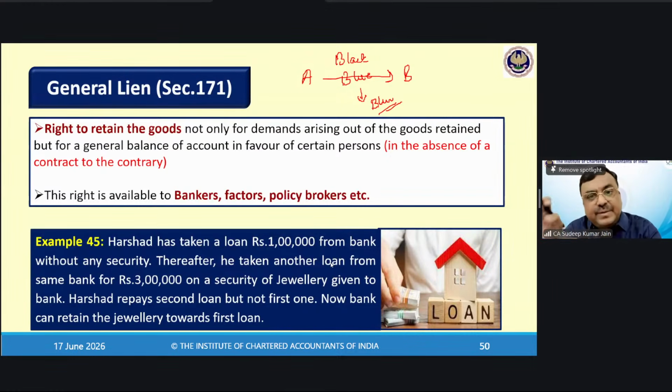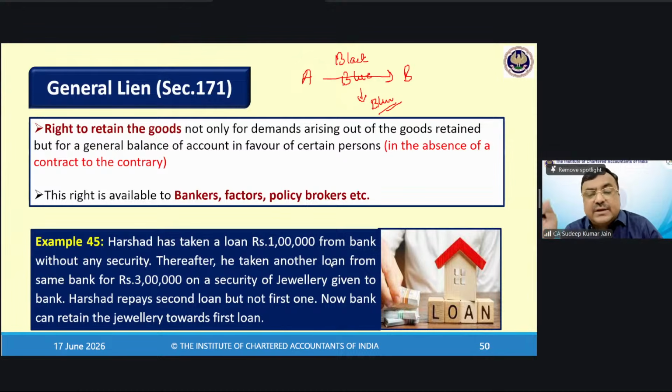Now B can retain only the black suit, for which the payment is pending. If B retains the black suit for payment, it is called particular lien. But if B has the right to retain the blue suit for the payment of black, then it is called general lien.